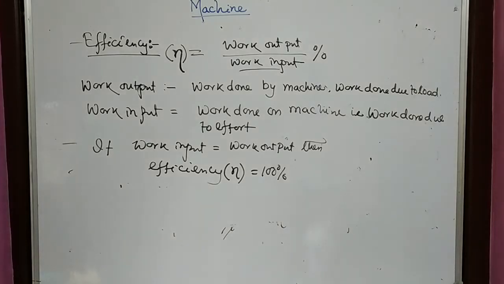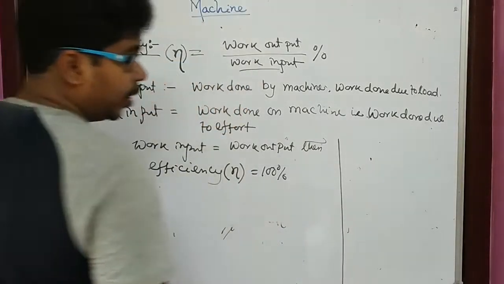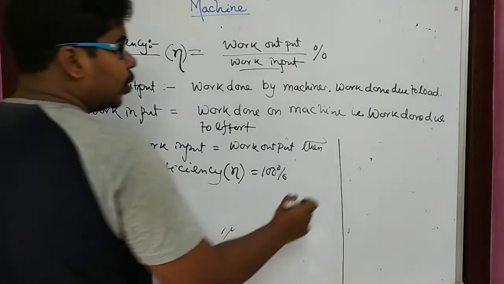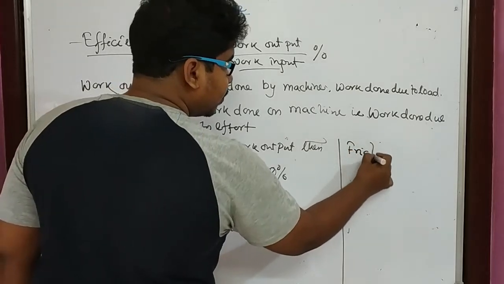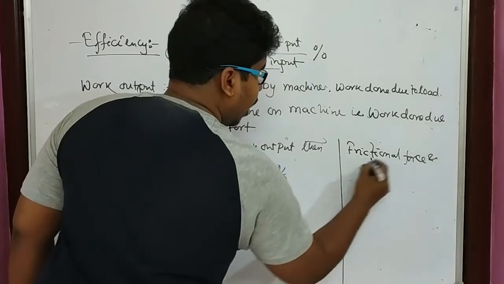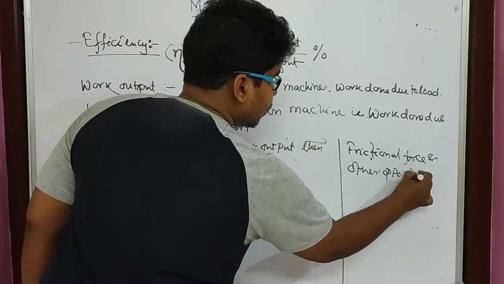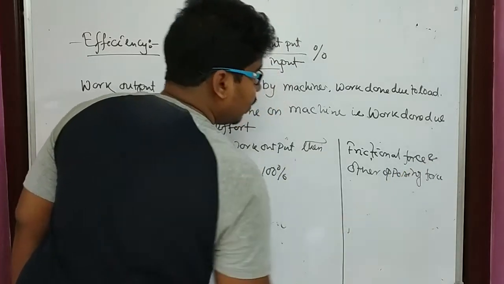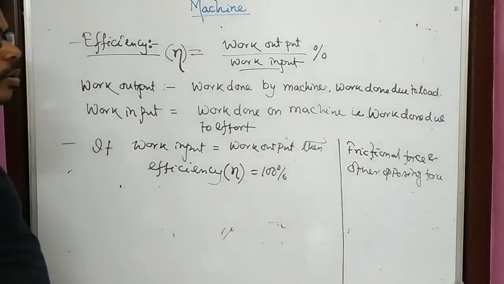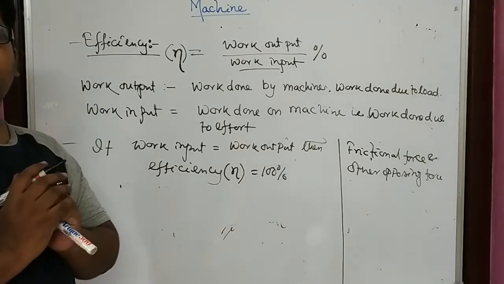Why is it not possible? Because whenever you do some work, some amount of work is lost due to frictional force and other opposing forces. Whenever you do work, you have to do work against the frictional force and the opposing force also. That work you cannot get back.